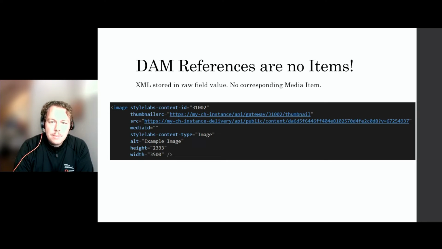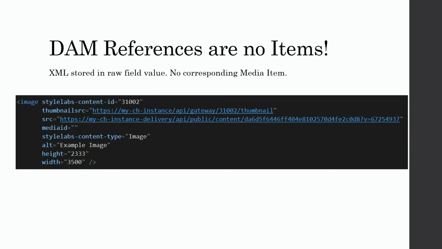For anyone who's been around long enough to know the media library, every asset is one item, basically attached to an item. So an image field has a link to this item, and we can track usage through the link database. This is not the case with references to Content Hub.